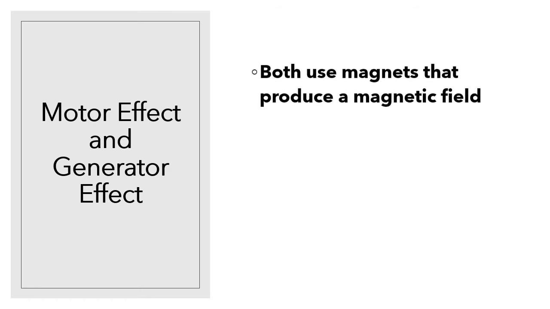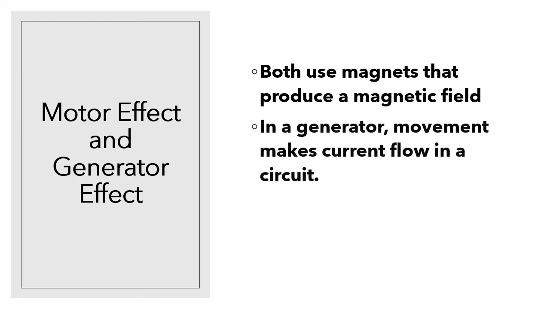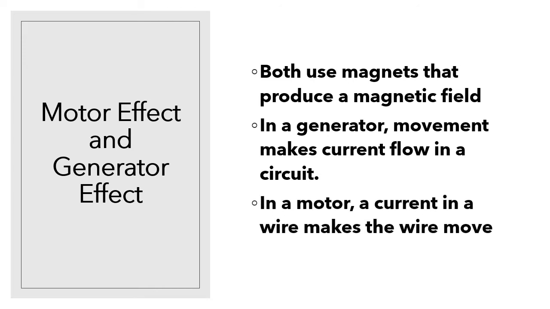Now, what is the similarity between both of them? Both use magnets that produce a magnetic field. To summarize the differences, in a generator or electromagnetic induction, you move something and current flows in a circuit. In a motor effect, current flows in a circuit, which makes the wire move.